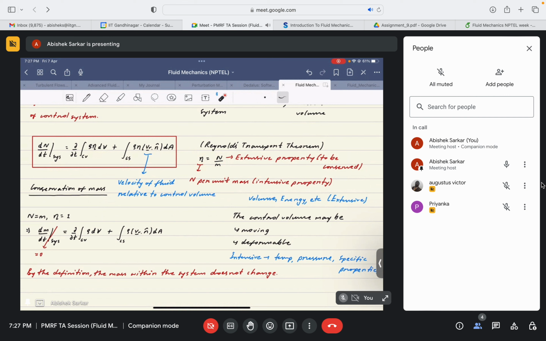And Vr here is the relative velocity of the fluid with respect to the control volume.